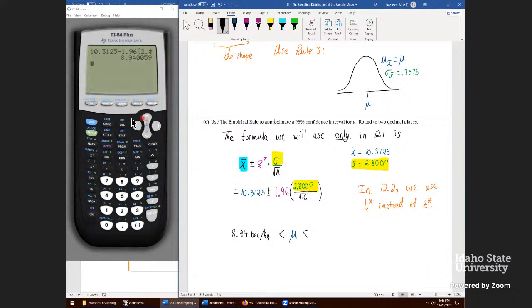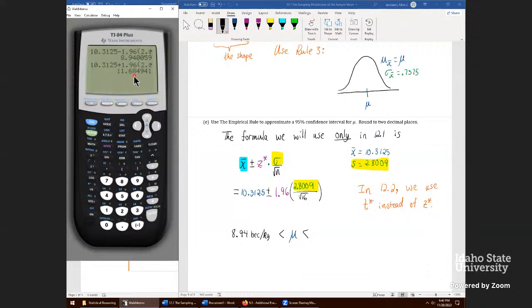Then repeat. By repeat, either use the up arrow or click on second and the enter button. Duplicates what we already put in, and we're changing one sign. Oh, I went too far. Right there, change that to plus. And notice how similar this feels. It almost feels like we're still in chapter 9.3, calculating an old confidence interval method.